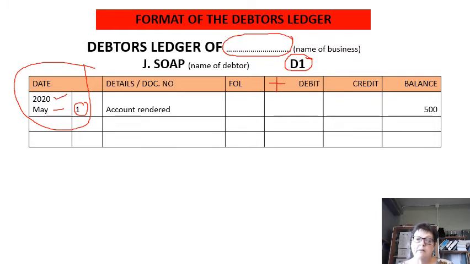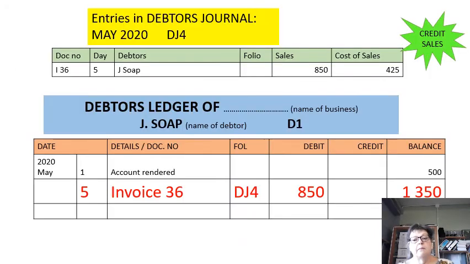So the debit column is the plus column, and then obviously the credit column will be the minus column. So this debtor, Mr. Soap, on the 1st of May owes us 500 Rand. Remember, not balance. The correct accounting term here is account rendered. The best way to explain this is by doing the entries.